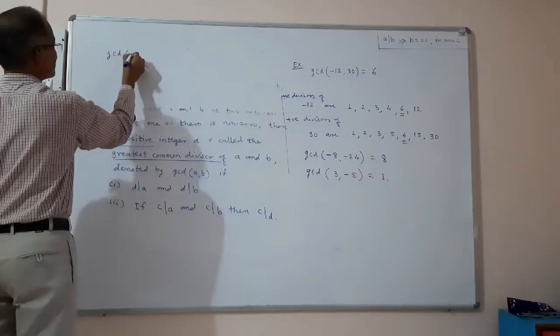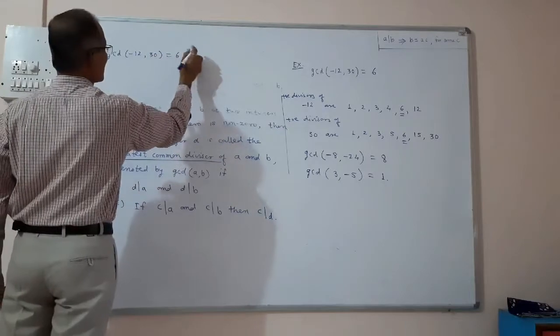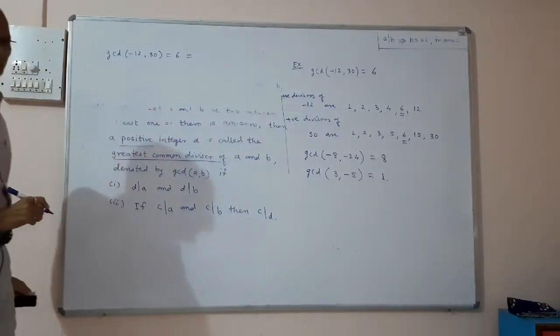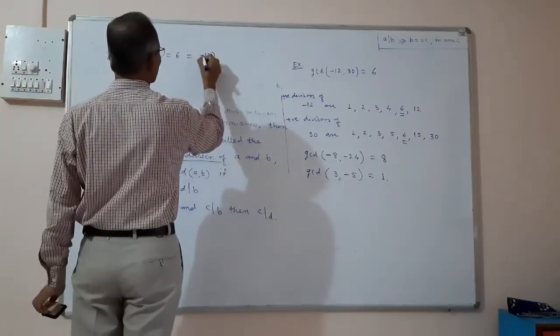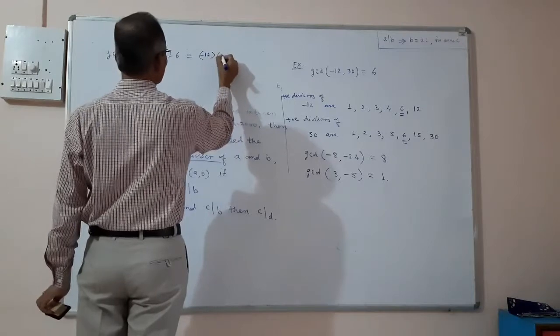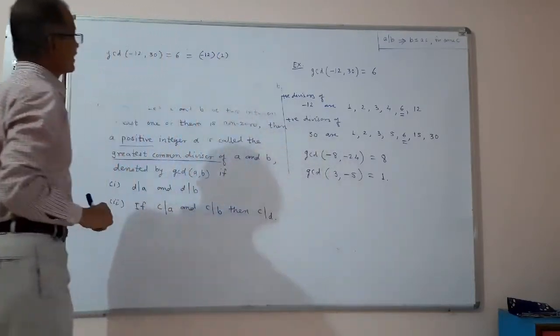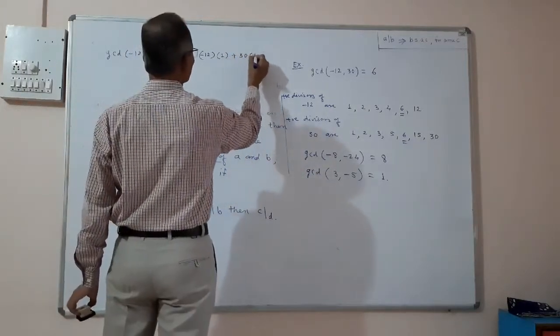Now how to write 6 as a combination of minus 12 and 30? This can be written as minus 12 into 2 plus 30 into 1.